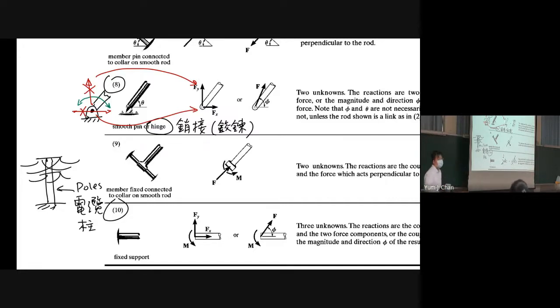Now, for this kind of fixed support, of course, for an electricity pole, it cannot move to the left or to the right. It cannot move up or down, right, and it cannot rotate either.